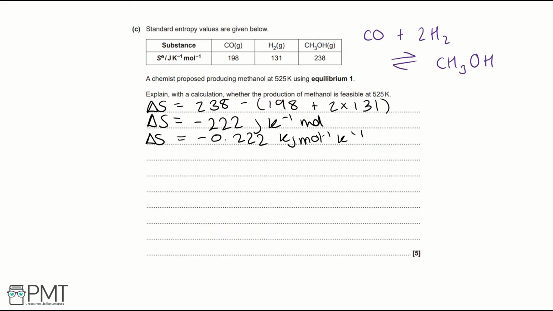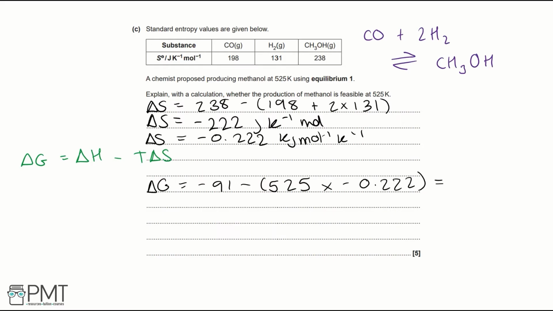So now we're going to use an equation, and that equation is delta G equals delta H minus T delta S. So plugging in the numbers to work out delta G, that's going to be minus 91, because that's what we're told in the question, minus 525 multiplied by minus 0.222, which equals 25.55 kilojoules per mole.